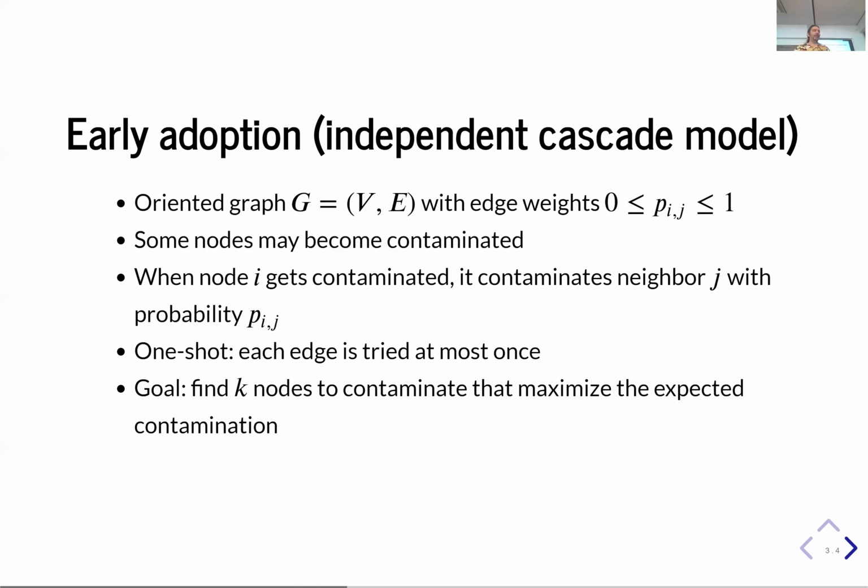And so it's an epidemic model. And there are multiple variants, but for instance, one of these variants is the cascade model. So basically, people can be not infected or infected. And when they get infected, one time they have a possibility to infect their neighbors according to some probability.